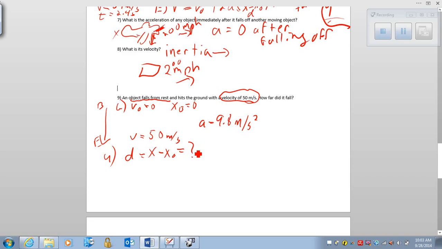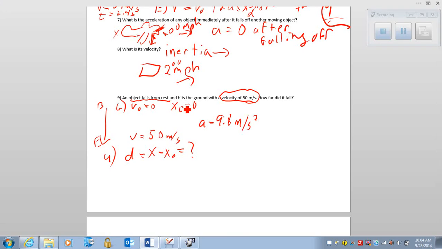So that means we have to have an equation that has acceleration. It would like to have final velocity, initial velocity, and it has to have some kind of distance in it, x minus x0.